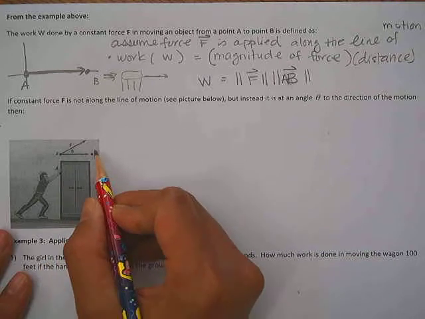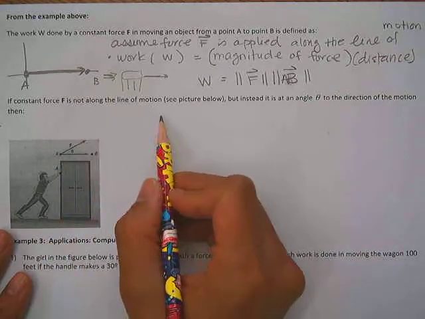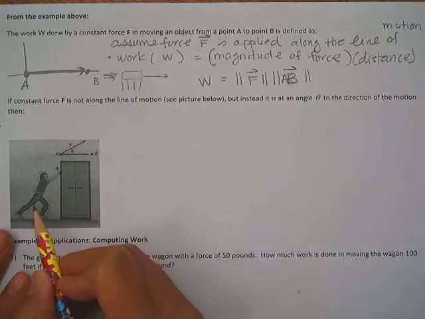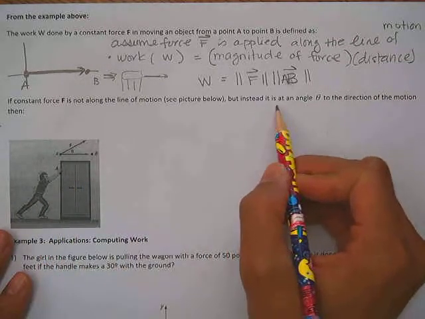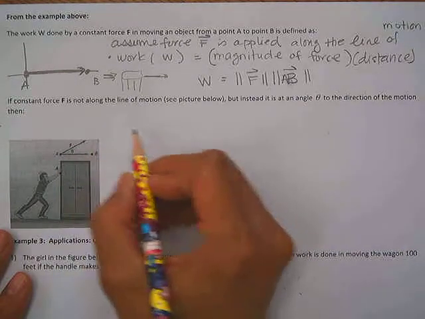So the force is not along the line of motion. We're going to go this way, but he's pushing it up a little bit, at an angle theta to the direction of the motion. So we have a slightly different formula.